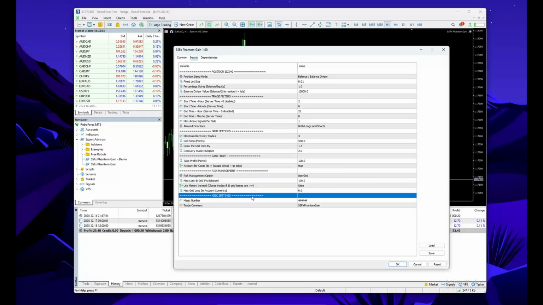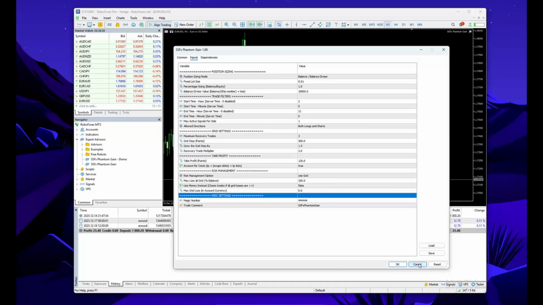Lastly, we have miscellaneous settings. The bot essentially uses these settings to group your trades. For the magic number, it sets this magic number to all the trades that it takes, which allows you to filter out trades taken by the bot or other systems that you might be trading. The same applies to the comments.